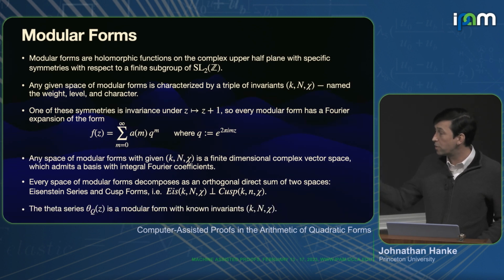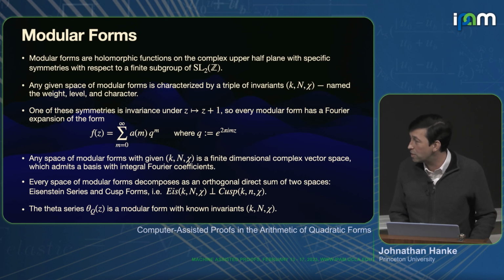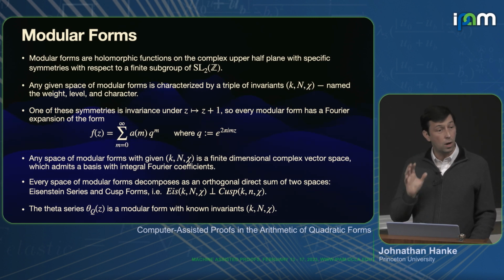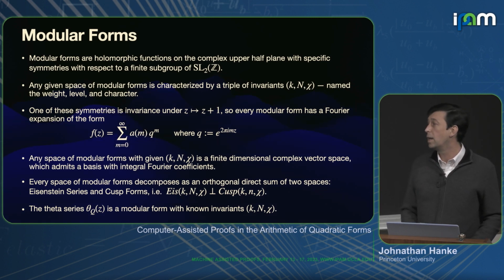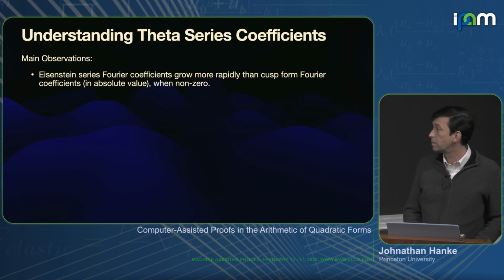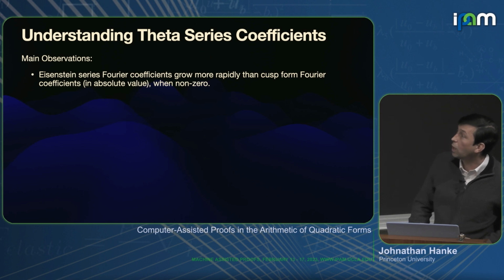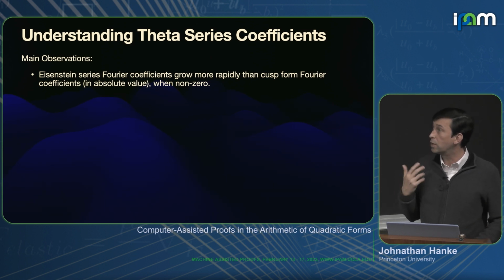And of course, the important part here, why am I telling you all this, is because the theta series that we care about, that has our fundamental question embedded in it, is a function on this space. Cool. All right, so what we really want to do is to understand the theta series coefficients.